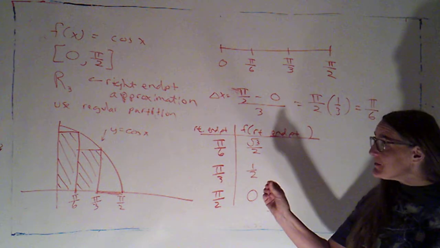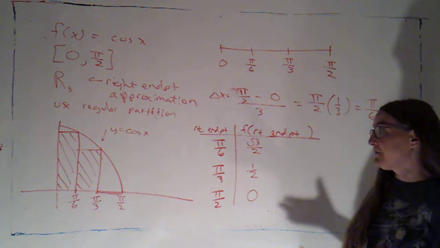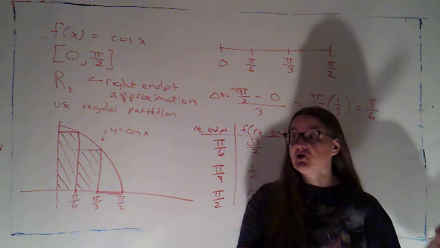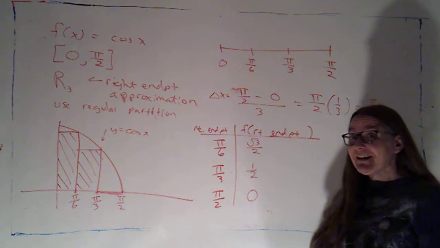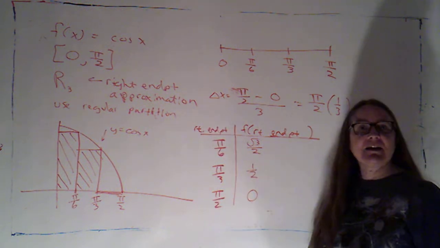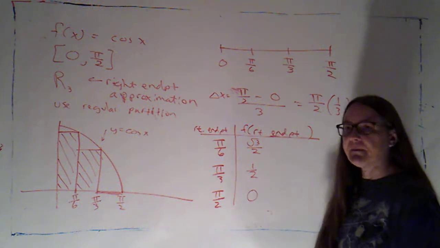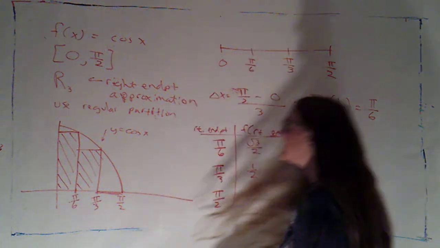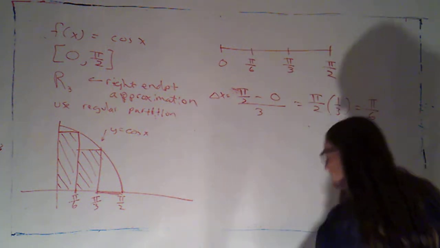So the estimates, if I stop with a finite number of rectangles, those will be different depending on how many pieces I use and what x values I choose for my sample points. But once I take the limit, I'm going to get the same answer whether I used left endpoints or right endpoints or some point somewhere in between. Kind of cool.